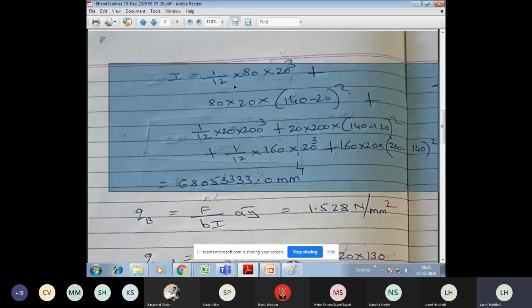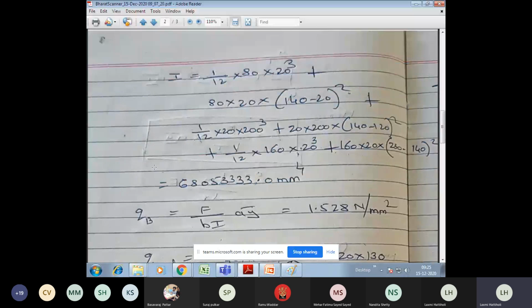Use BD cube by 12 plus A into Y bar square for all three sections and you will get the answer. I is equal to 68053333.0 mm to the power 4. This is the inertia of the section. This calculation I've already explained; you can note the same.